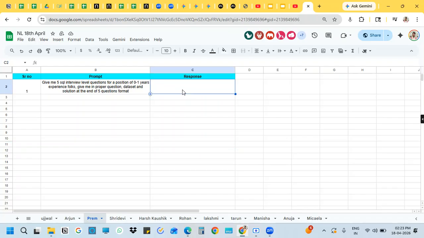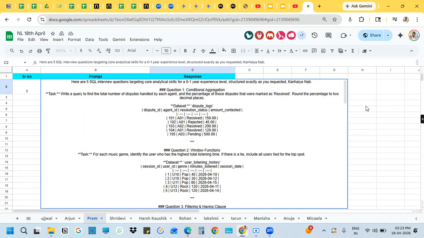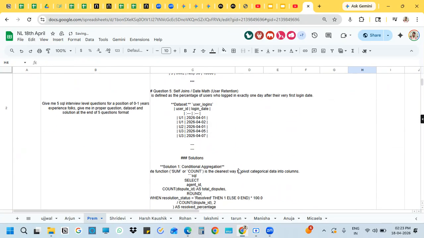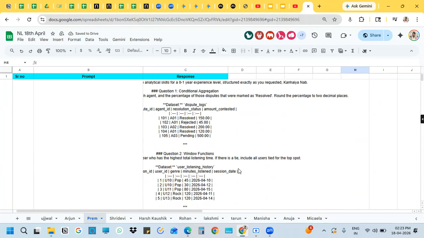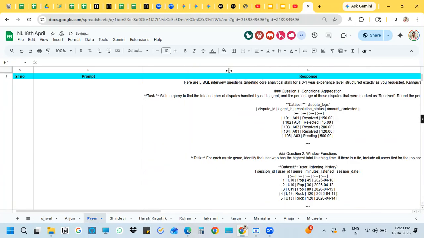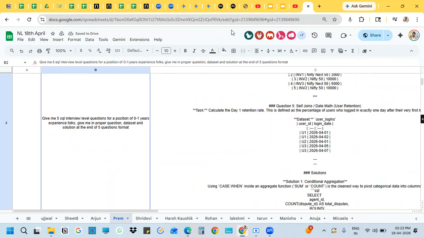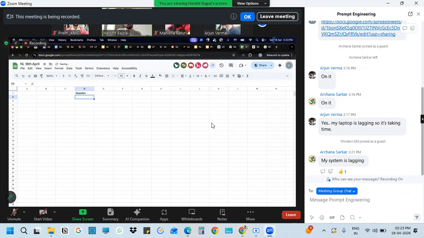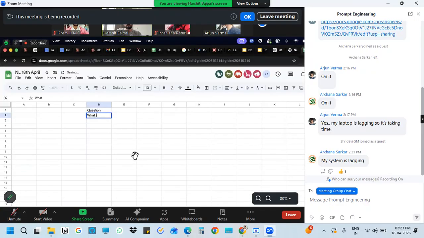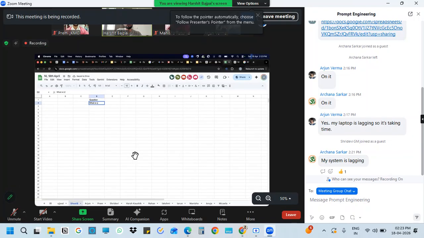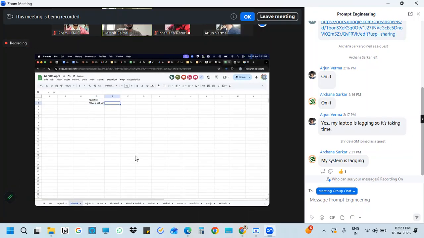We have to create a question bank. Now, in your question bank, one of the columns will be the question. So your question bank would look like this. Just giving an example, you would have question, and let's say, what is left join? There might be some other columns as well, with more information regarding this question, C1, C2, and so on.